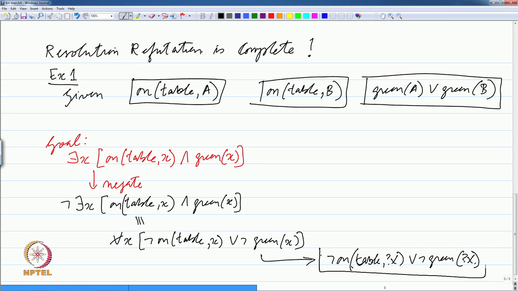So, that is the fourth clause that I add to the set.